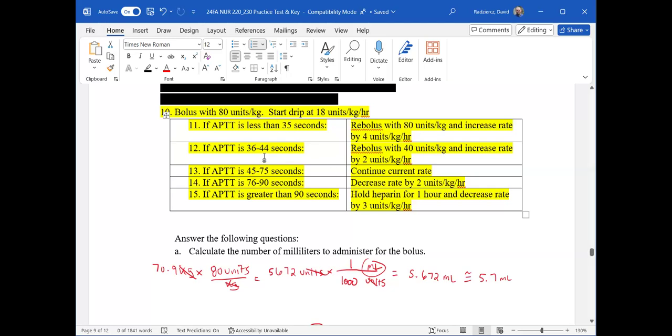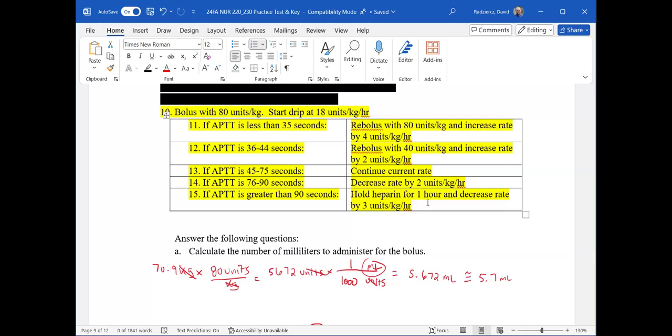I gave you 43 seconds, so you can see you would rebolus with 40, increase the rate by 2. If it's between 45 and 75, that's the sweet spot. That's exactly where you want to be. So you would just continue as needed. If it's 76 to 90, then you're overdoing it. So you can go ahead and start to titrate it down. And then if it's greater than 90, then you would want to hold the heparin and then again decrease the units by 3.